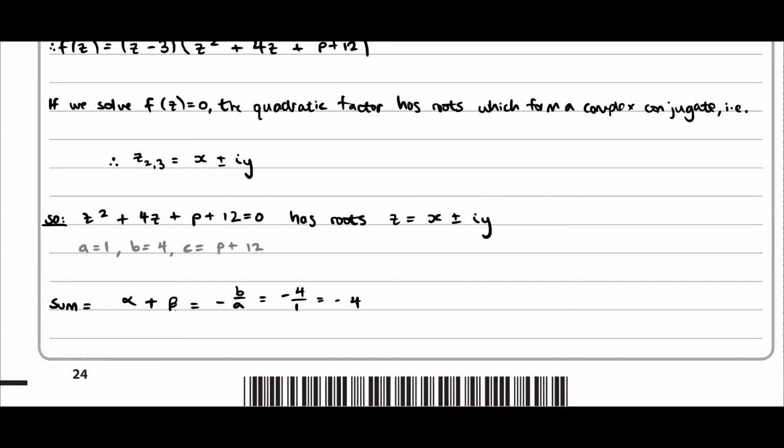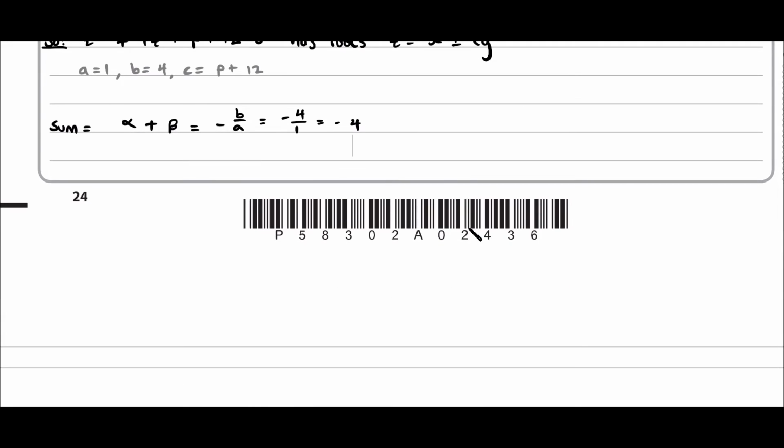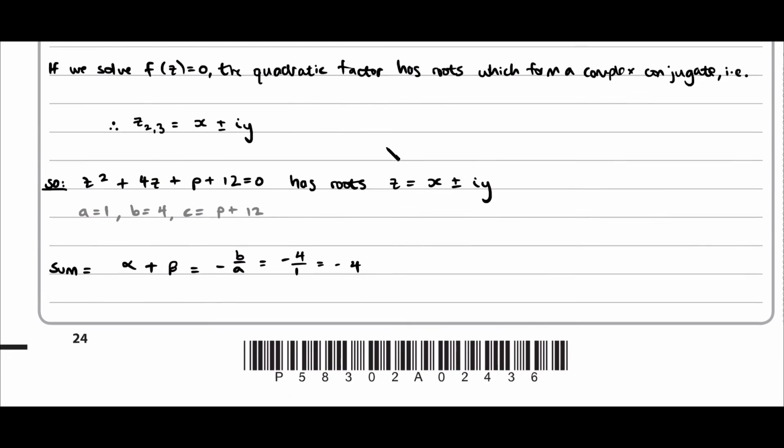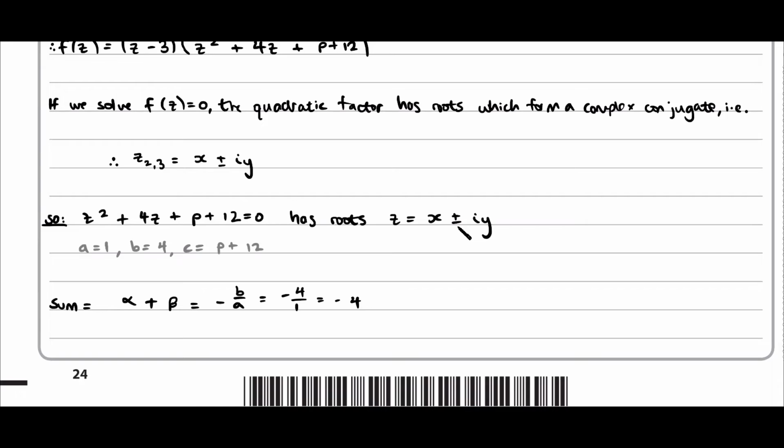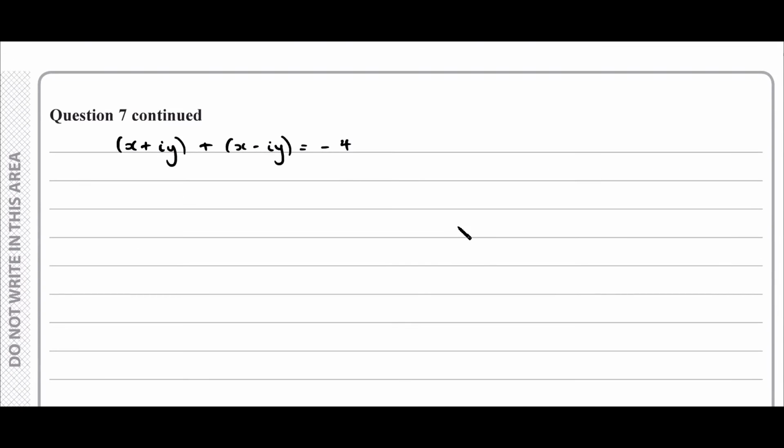So alpha plus beta, our two roots, we have x plus iy plus x minus iy equals minus 4. Okay, so alpha and beta are x plus iy and x minus iy respectively. So we see over here that 2x is equal to minus 4, and therefore x is equal to minus 2.